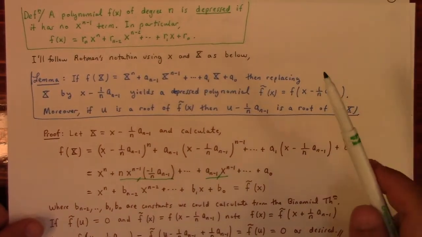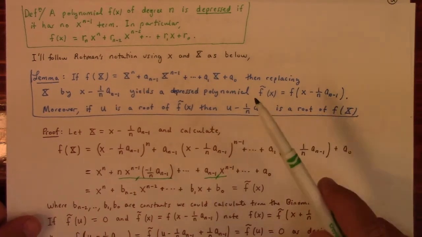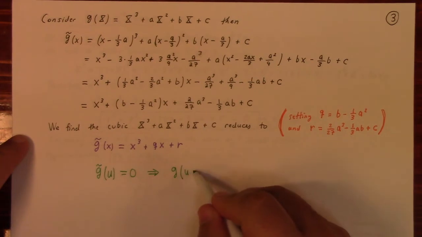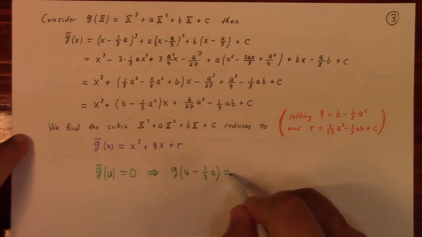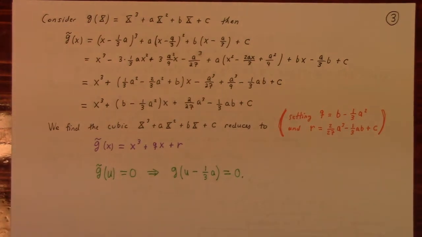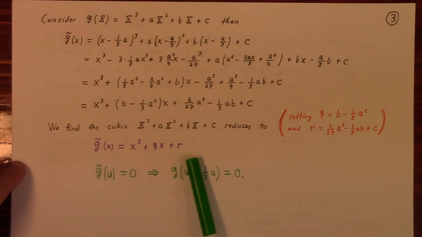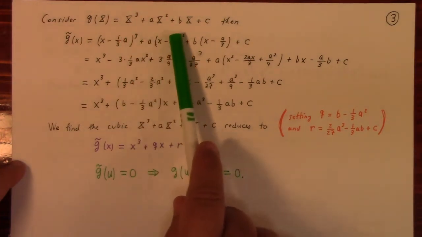Then if u is a root of f tilde of x, then u minus 1 over n a to the n minus 1, then u minus 1/3 a is equal to 0, right? So in other words, if we can solve the purple one equal to 0, that will then naturally give us back the solution to the original, big G of x equal to 0.